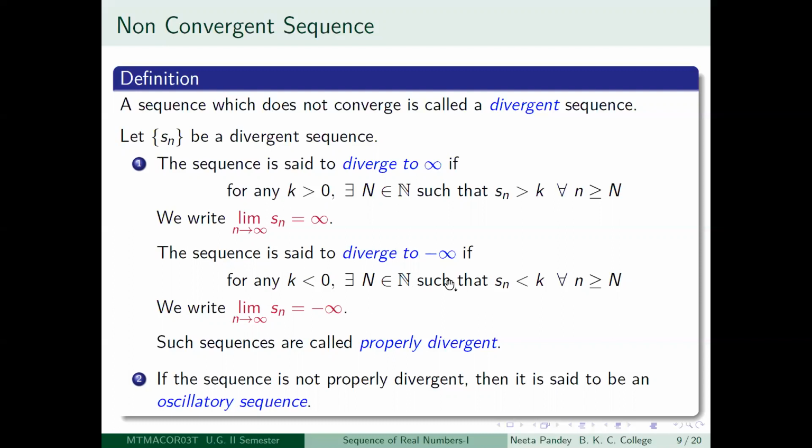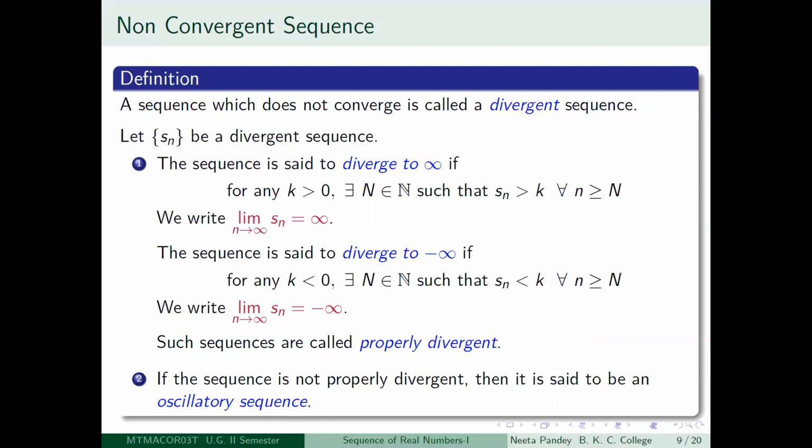Then we are saying that it is divergent to minus infinity. So at least this behavior is also something, it's not as good as convergence, but it is good. So we describe such sequences as properly divergent because it is behaving in some systematic fashion.